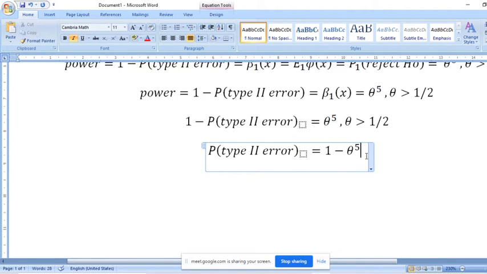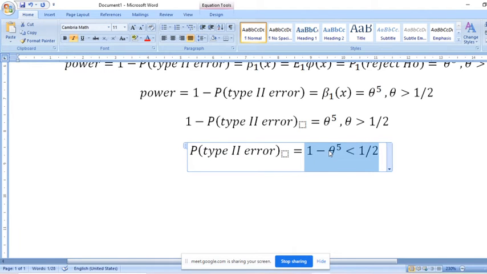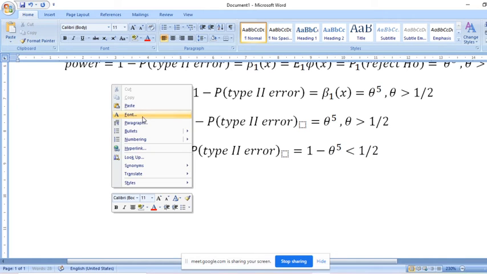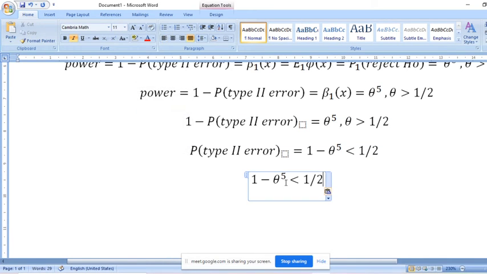For that, we consider this to be less than 1 by 2. When will it become less than 1 by 2? What will be the condition? We can move this part to the right side.